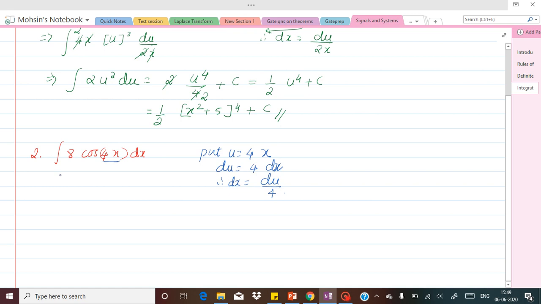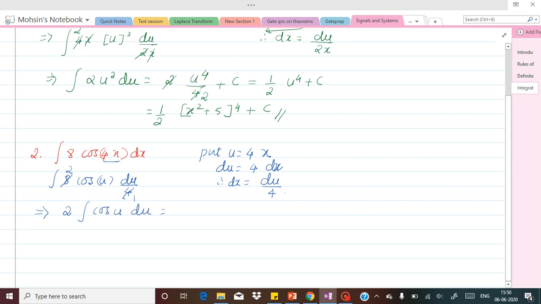So now let us substitute these terms here. So 8 will remain as it is, cosine as it is, 4x will now be u, and dx is du by 4. So this 4 will get cancelled with this 8, and what we are going to get here is constant 2, integration of cos u du.